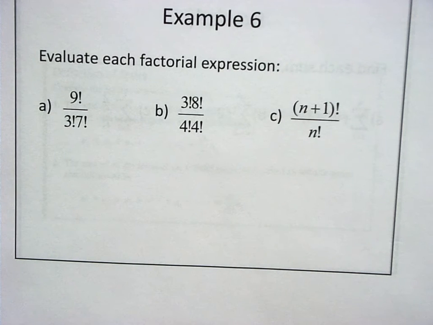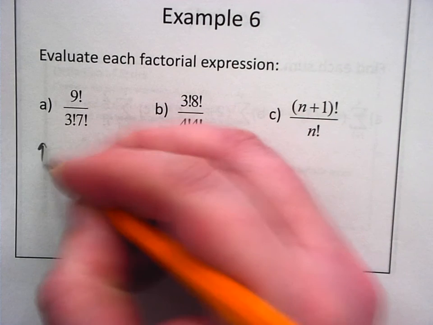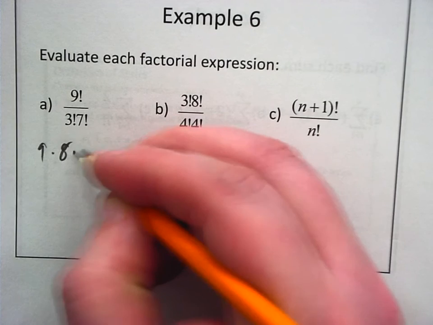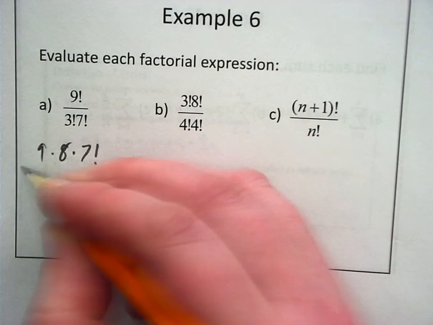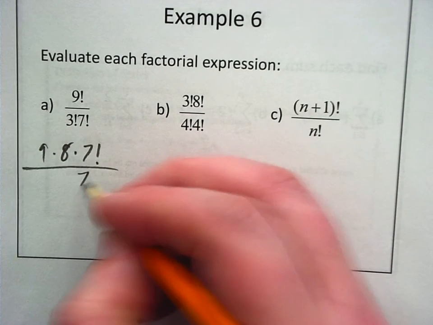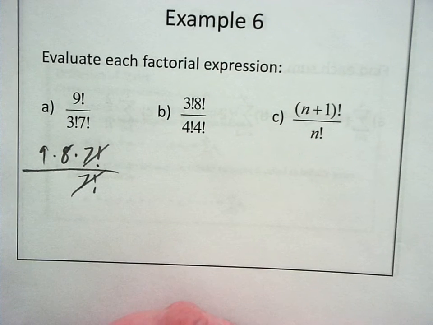Evaluate the factorial expression. So without the calculator, what can I do to make 9 factorial over 3 factorial times 7 factorial easier to do without the calculator? Write it out. Yeah, 9 factorial is 9 times 8 times 7. And it keeps going, but we can stop it there because that'll allow me to do what? Yeah, you have 7 factorial over 7 factorial, those cancel.